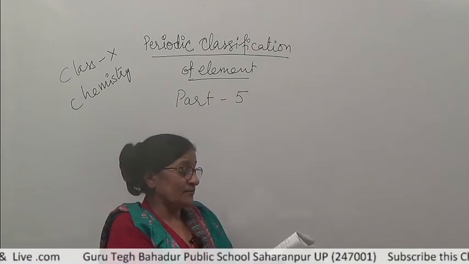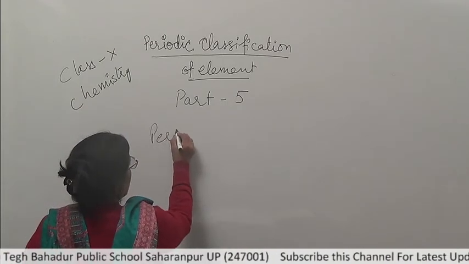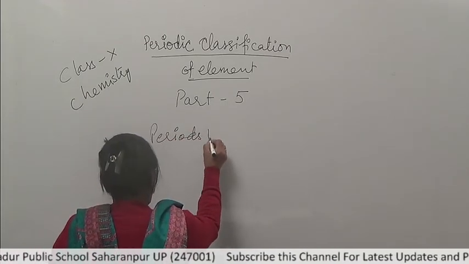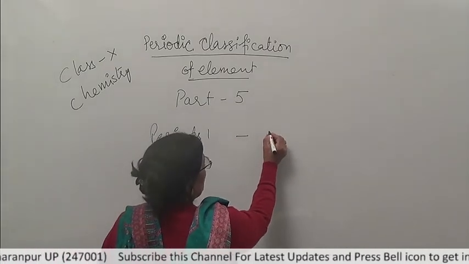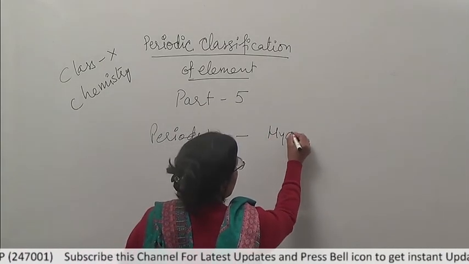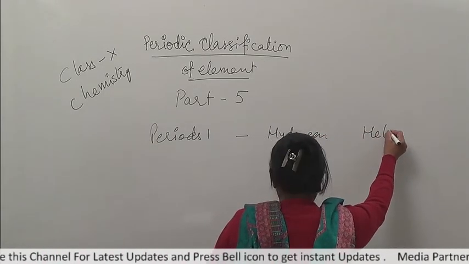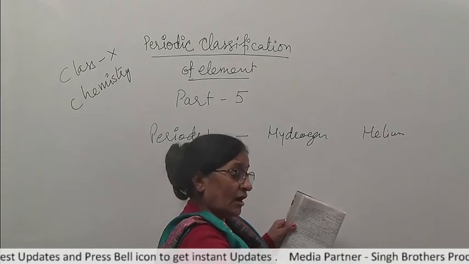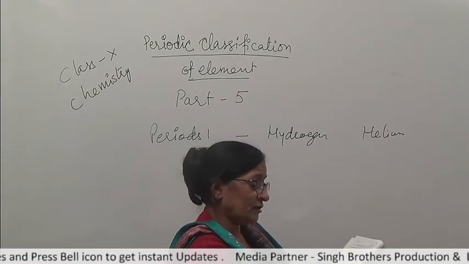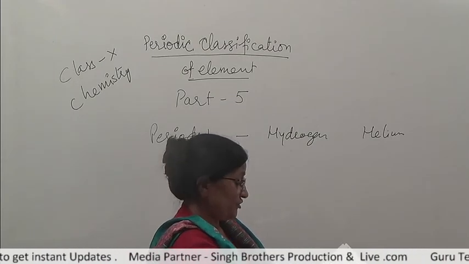For example, if we talk about the elements of period 1, period 1 contains only 2 elements. These are hydrogen and helium. Hydrogen is in group 1, and helium is in group 18.